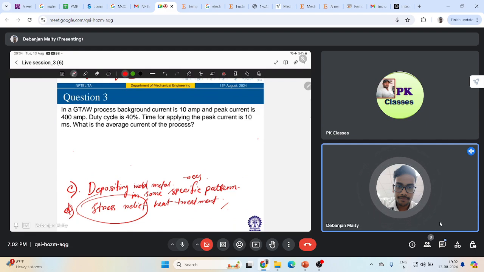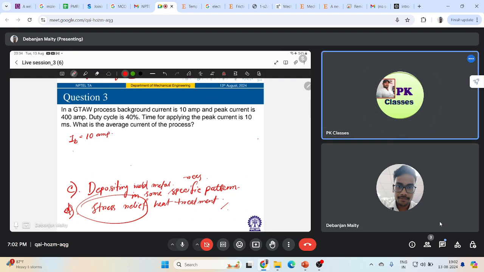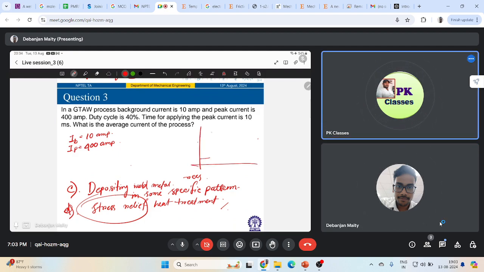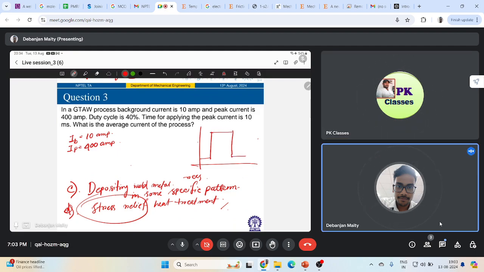So here I have mentioned that in a gas tungsten arc welding process, my background current is 10 ampere. So let's say IB is 10 amp, IP is 400 amp, which is peak current, and then I'm talking about duty cycle.